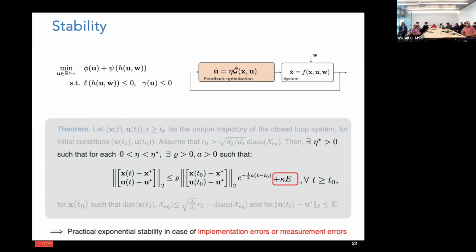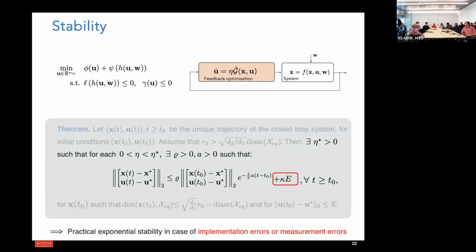If now we assume that we have errors in the measurement of x, or if we further assume that we implement g approximately, for example, with an early termination of the QP solver, I can still derive this practical local exponential stability result, where I just add these particular terms, and capital E is a bound of the maximum error that I commit in the measurements, for example, and kappa is just a constant that I can derive based on the particular mathematical properties of the system and of my controller. And by mathematical property, this is very much related to the Lipschitz constants of my system and controller.